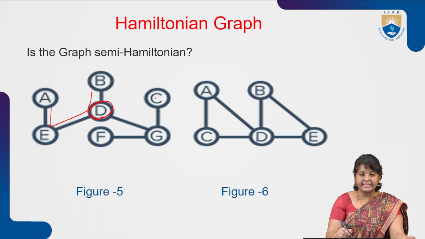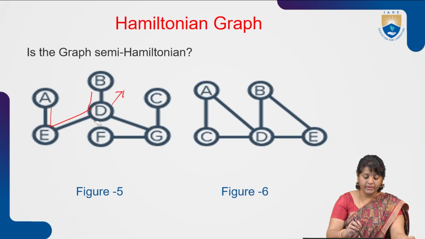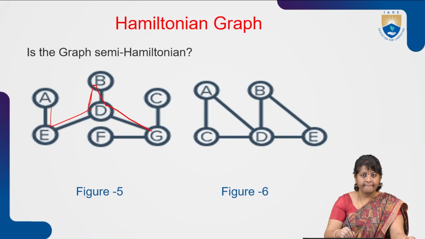If I want to visit the rest of the vertices, I need to visit vertex D 2 times or more. See here, we will check once: A to E, E to D, D to B, and again I need to return back to D to visit G.